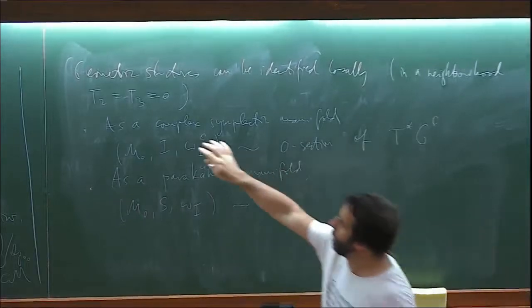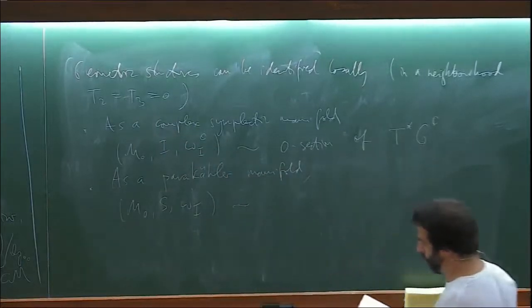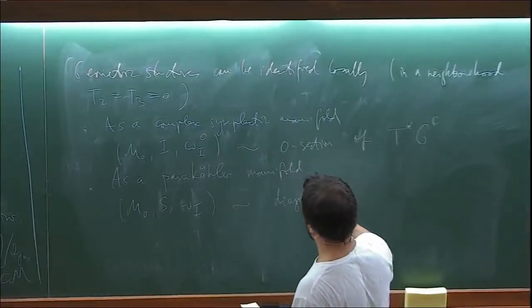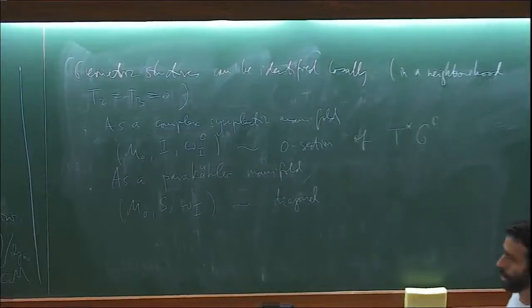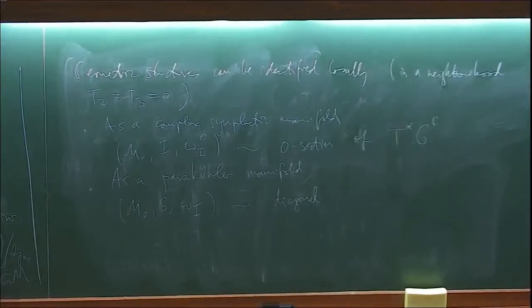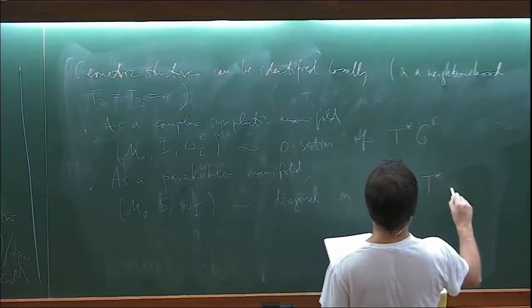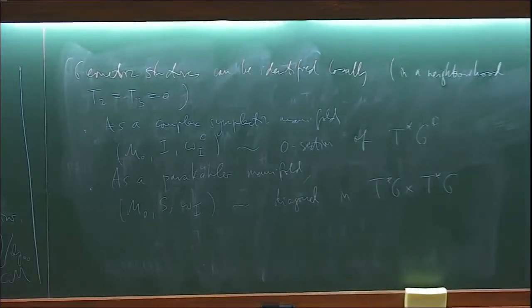It's just close to this, so small t not in T2. It's the same as before, but you replace the complex structure by the omega. So this is the diagonal in the canonical structures.